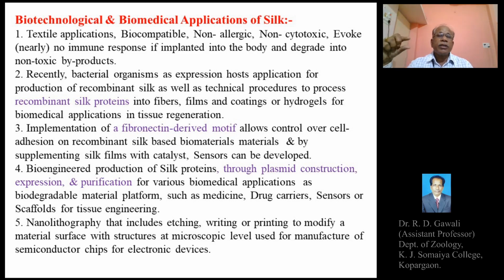So the bioengineered production of silk proteins, that is production of recombinant silk proteins through plasmid construction, then expression. Plasmid construction means transfer of a gene into the bacteria in the form of a plasmid, a circular DNA.